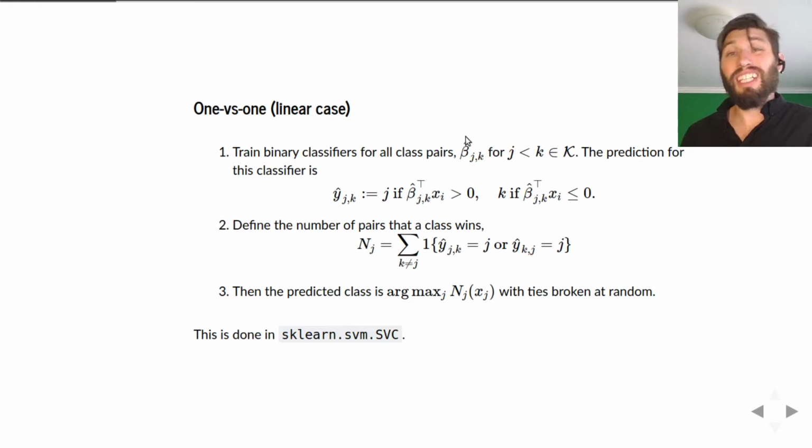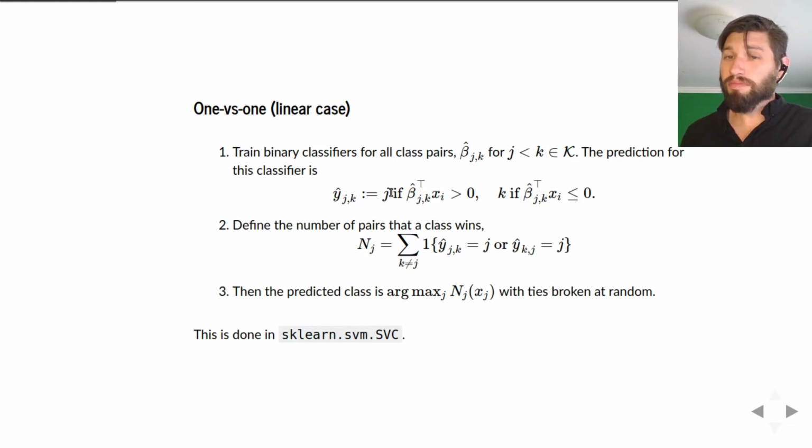We're going to get a different classifier, which in the linear case just means a different beta vector, for each pair of classes. The prediction for a given binary classifier is y hat jk, which is equal to j if beta hat jk transpose xi exceeds 0. So this really should have 3 indices: y, j, k, and i.